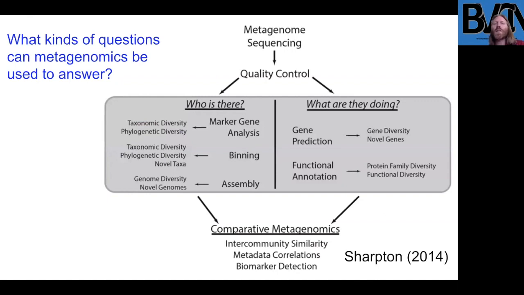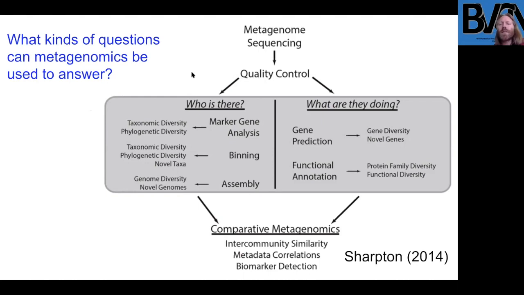So what kinds of questions can metagenomics be used to answer? As I said before, most of the questions fall into two major categories: who's there and what are they doing? On the who is there side, there's a number of techniques within metagenomics that we'll talk about as we go through this course.